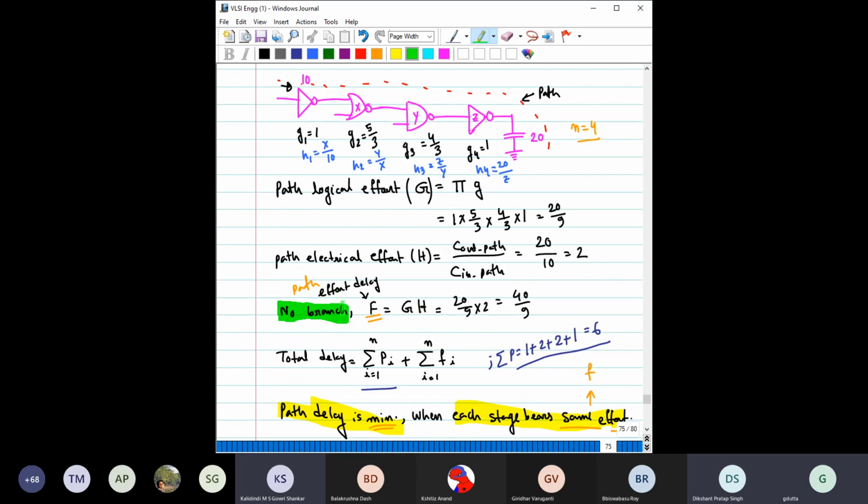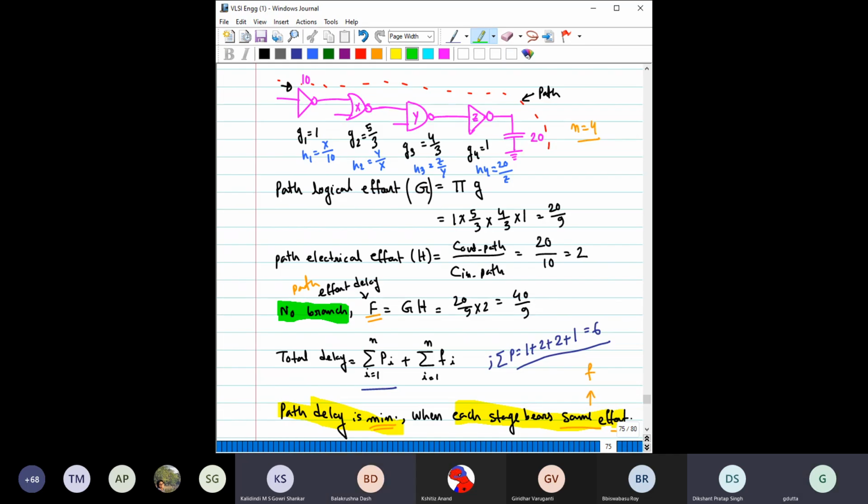If you have a branching, then it would become F equal to GBH, the path logical effort into the branching effort into the path electrical effort. So it will be a multiplication of all three. But here there is no branching, so that means the branching effort is 1. Anyway, the branching one we are going to discuss next.